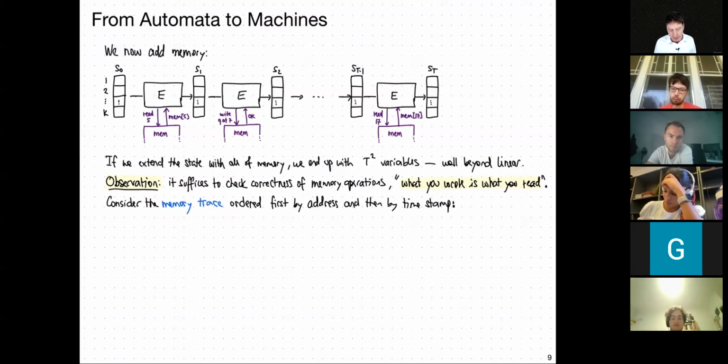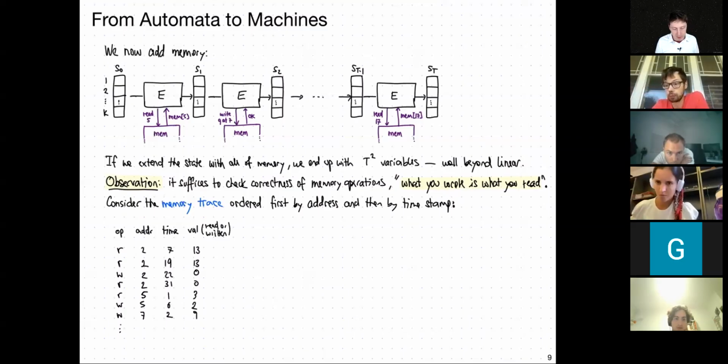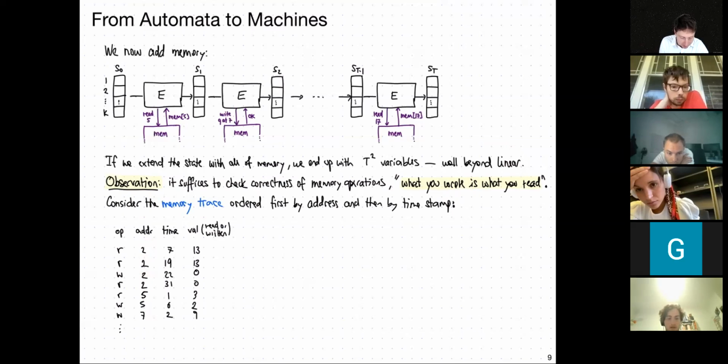And so the trick here is to consider two traces of computation, one ordered by time, which we're going to call the time trace, and another one called the memory trace that is ordered by memory. What does it mean? It is ordered by address and then by time step of access, okay? So here's an example of a memory trace. You see that it is ordered by address. Here are all the accesses to address 2, then all the accesses to address 5, all the accesses to address 7.